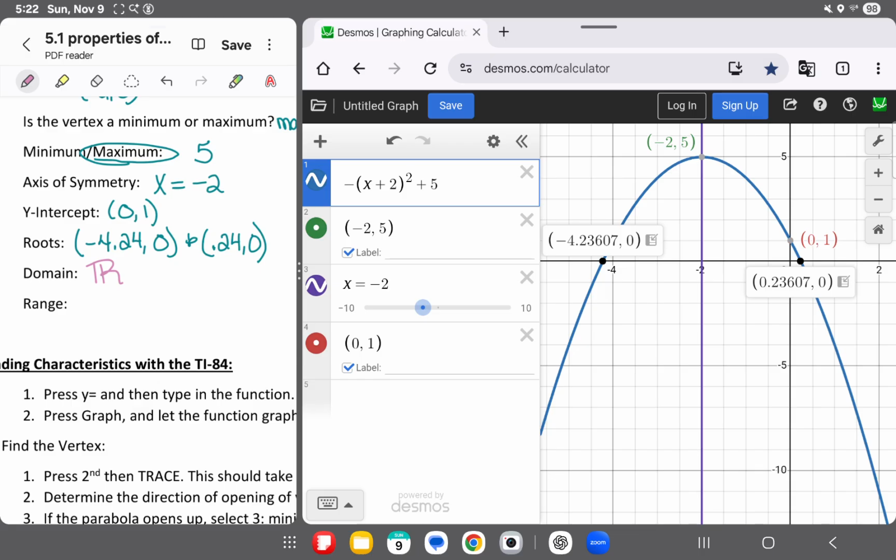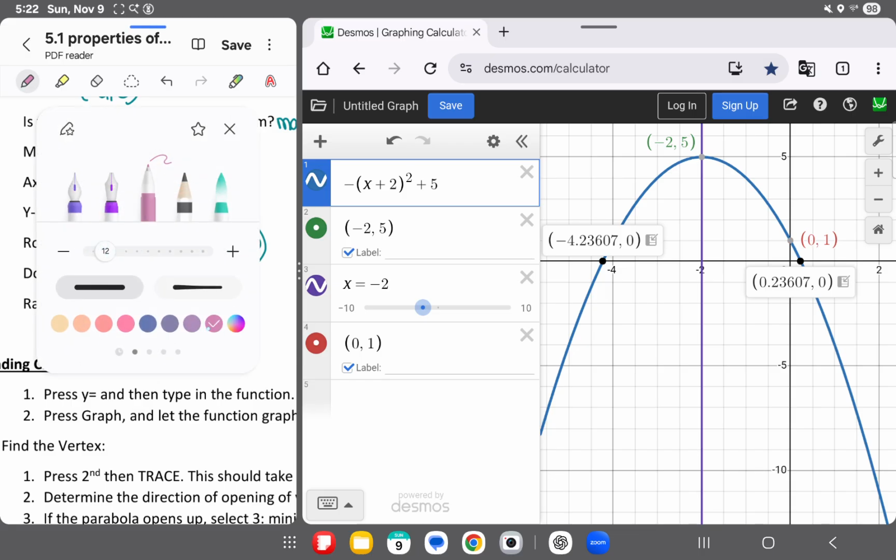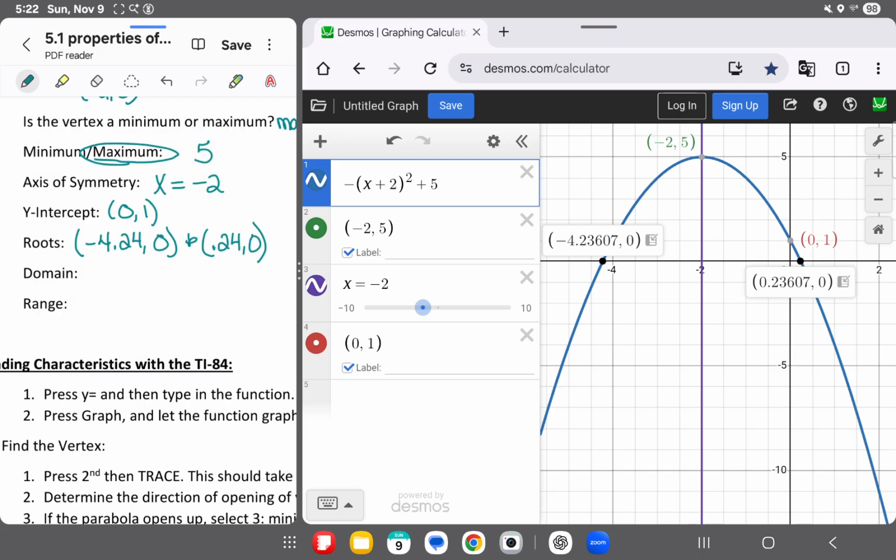And then our range, I'm going to go ahead and do that one as an interval. So our range, we can go no higher than 5. So we'll have a parenthesis and then -infinity. And then we are going to go up to 5. So we'll have a bracket because we can touch it.